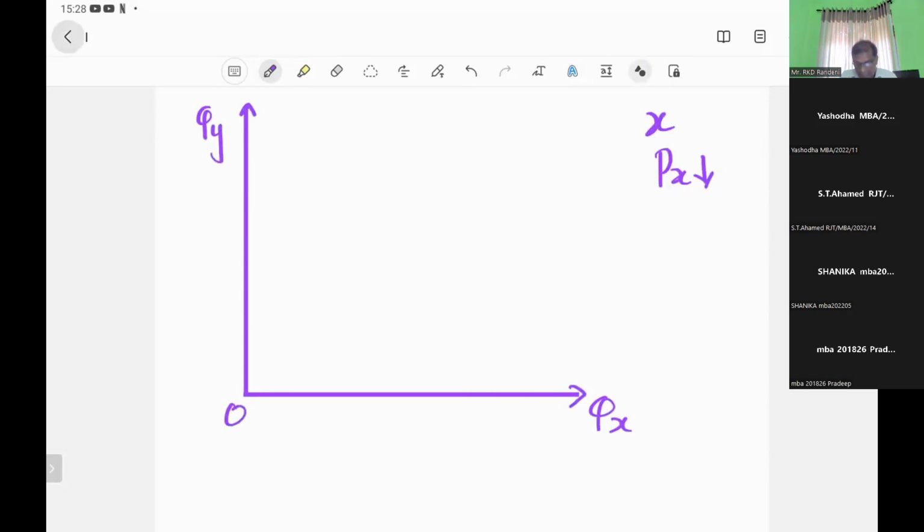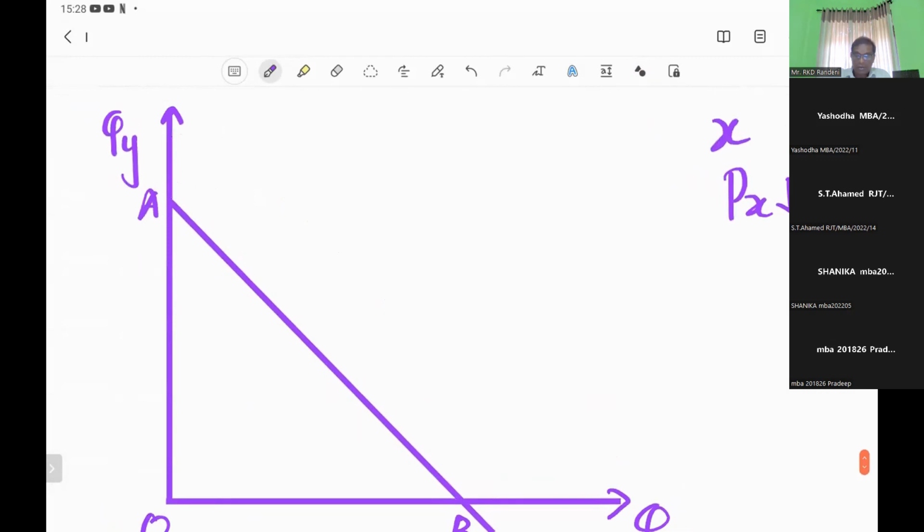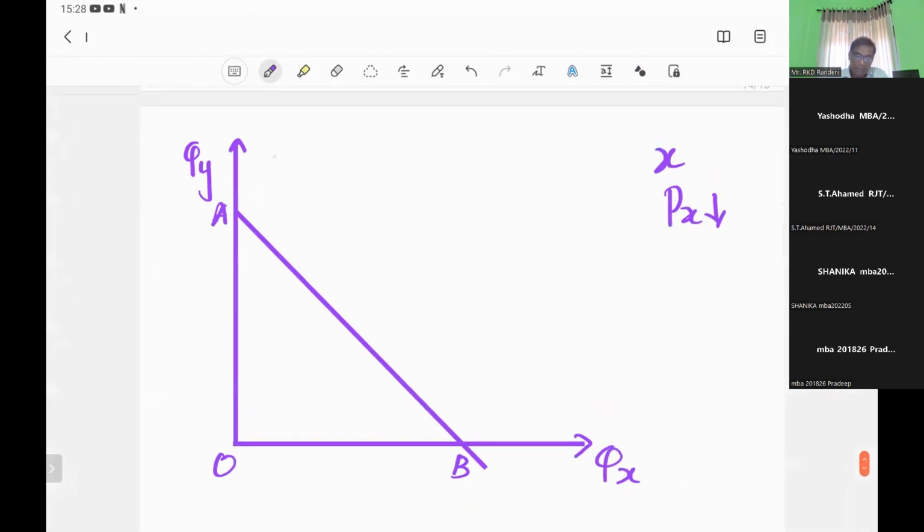Before the price change, this is the budget line AB. Then this is the tangent point. We will put point P. It is called indifference curve 1.